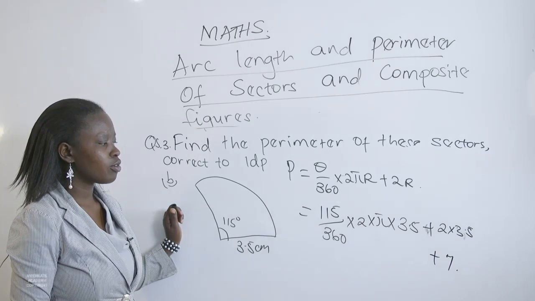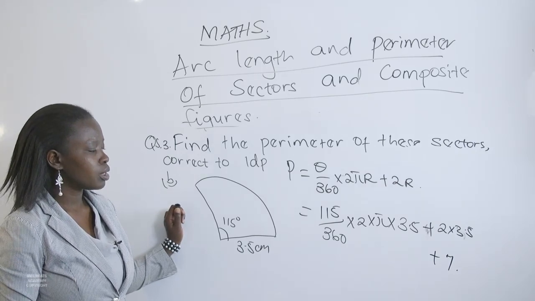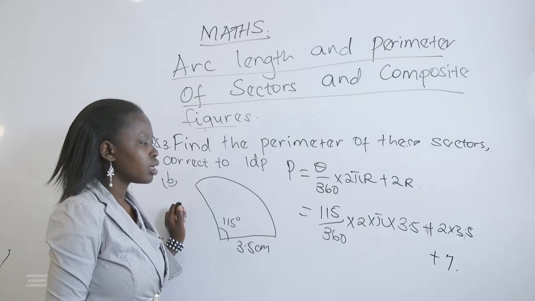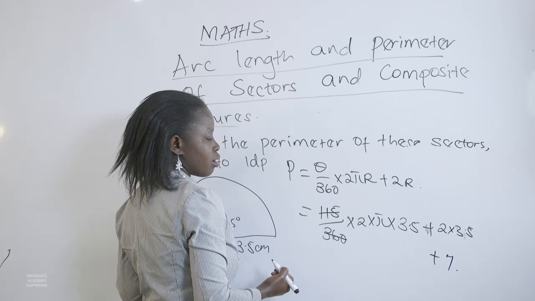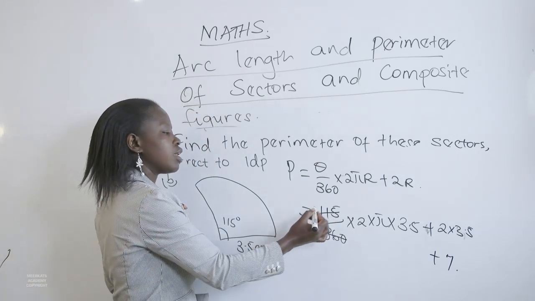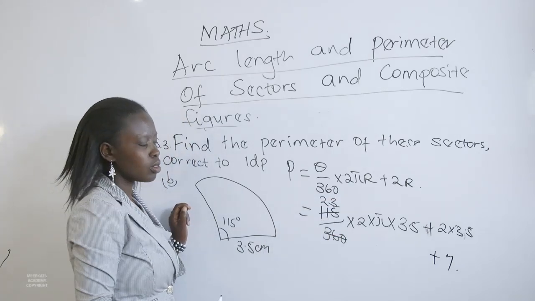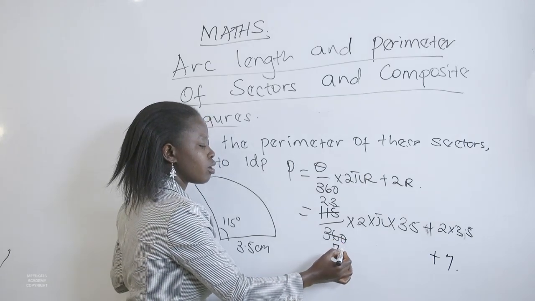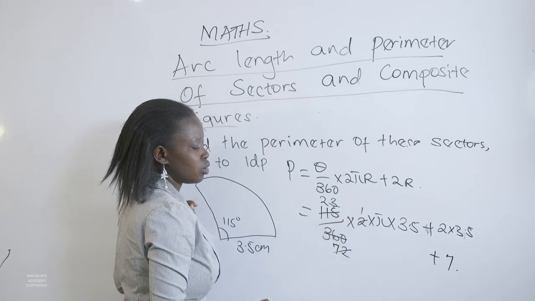Then we have 115 over 360. We need to find out that fraction. So simplifying our expression, 5 into 115 is 23, 5 into 360 is 72.